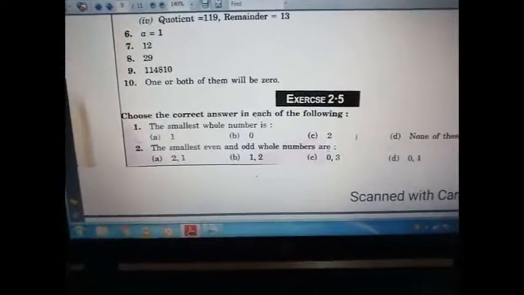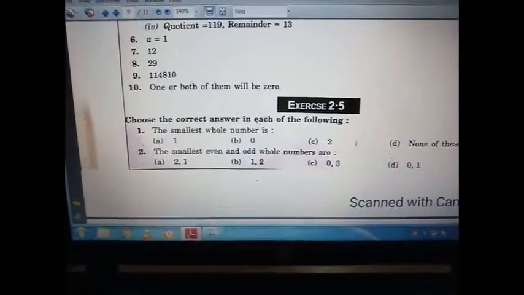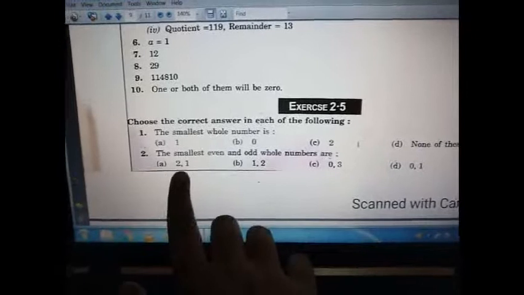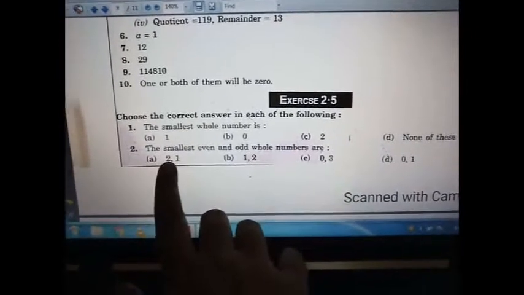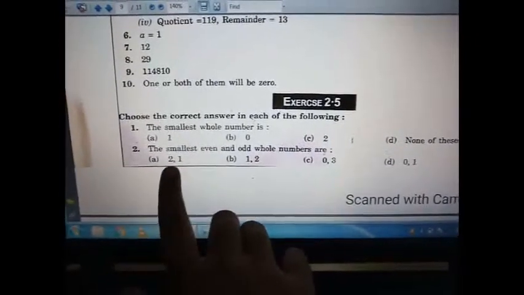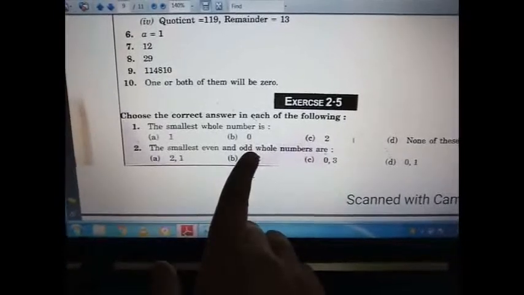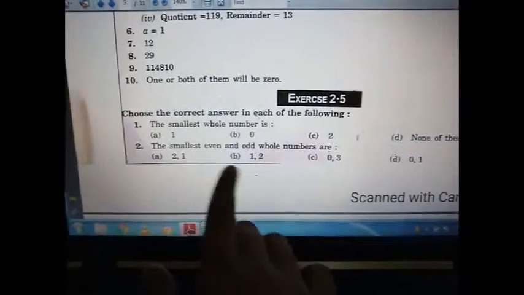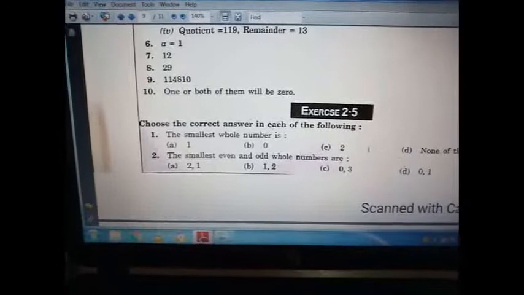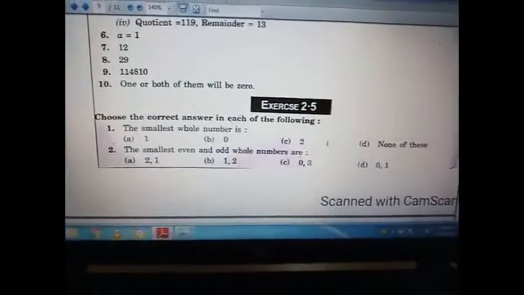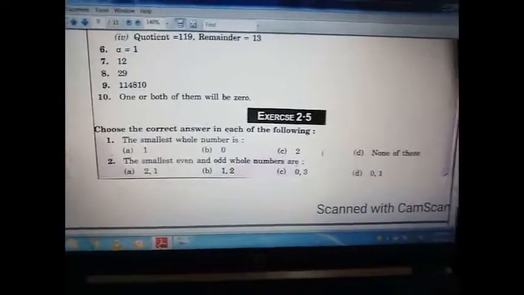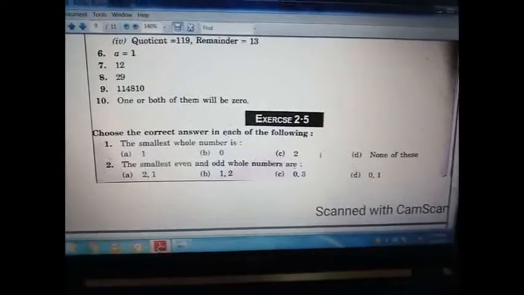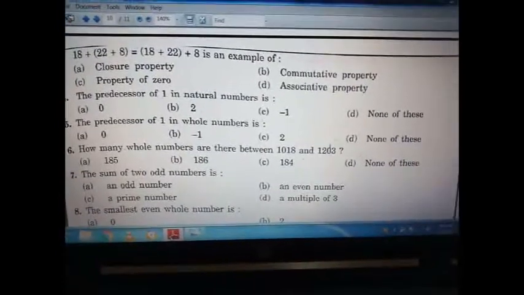We can also eliminate options. Here it is 2 and 1, 2 is even but 1 is the smallest odd. So by eliminating the options we can also clear out the answer.